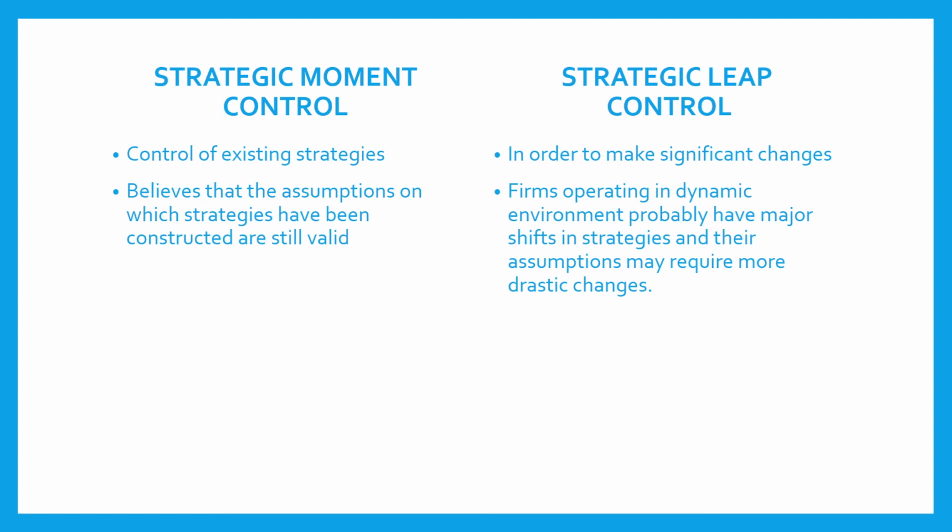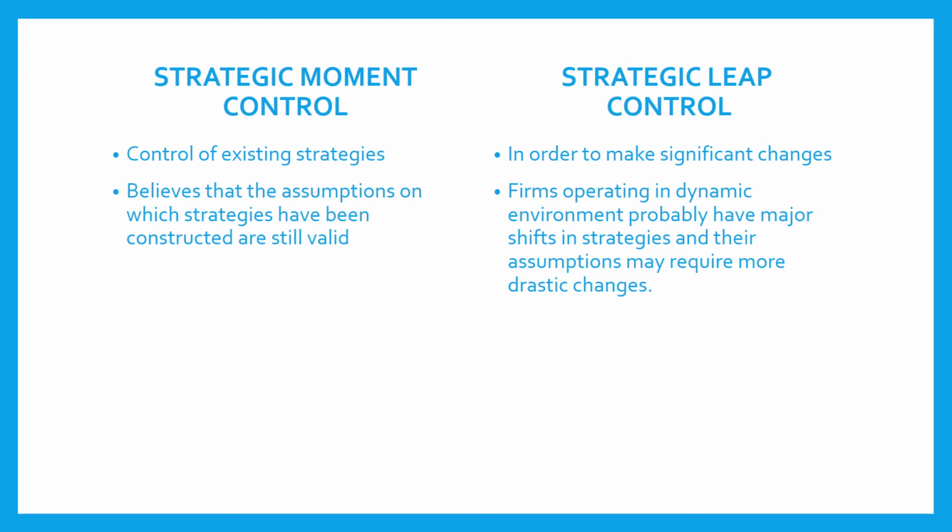In strategic movement control, control of existing strategy believes that the assumptions on which strategies have been constructed are still valid, whereas in leap control, it believes the assumptions on the basis of which the strategies were formed do not exist in the current situation.